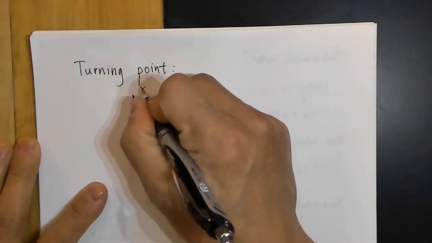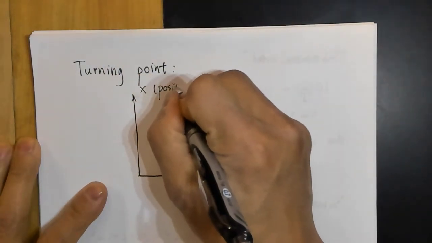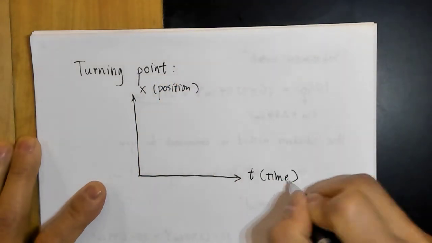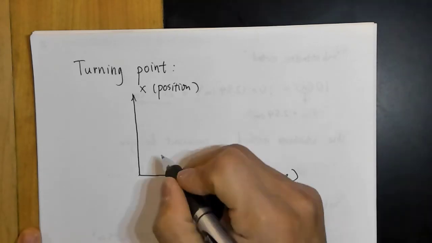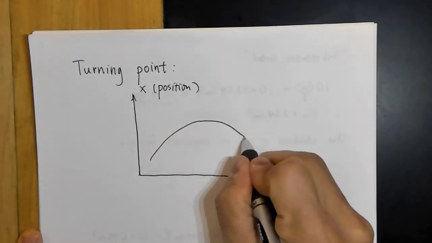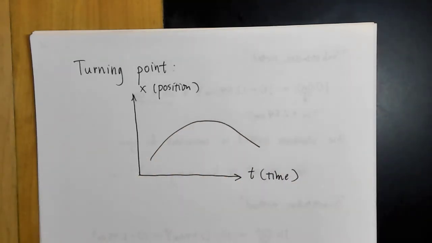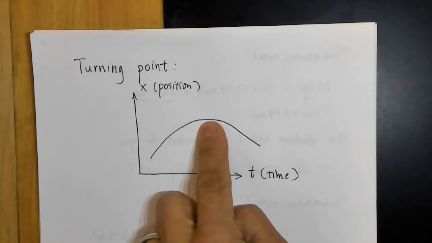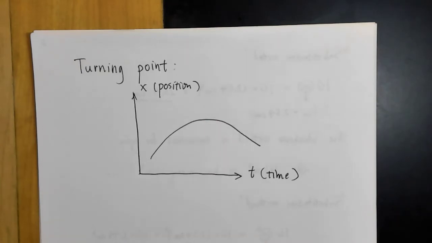So if I have x, position, t, time, and if I plot something like this, okay, what's happening is, so let's say this is positive x, then as a function of time, it starts increasing in x, and then at some point here at the top, it doesn't keep increasing, but it momentarily is at rest, and then it turns back.